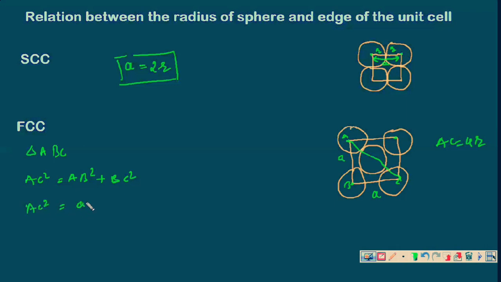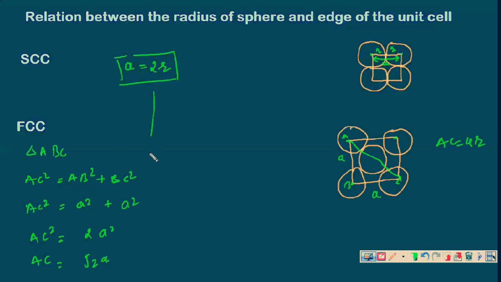So AC square is equal to a square plus a square, that is, AC square is equal to 2a square, and AC is equal to root 2 a.